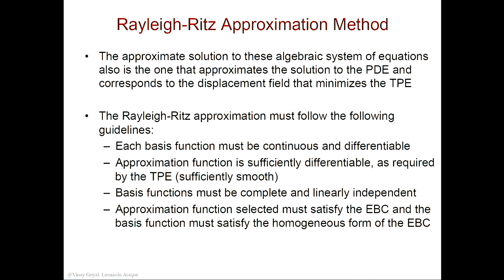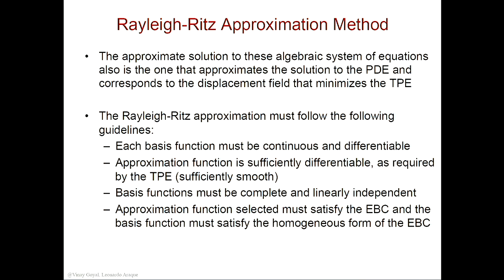So the approximate solution to the problem will give you a system of algebraic equations. This is an approximate solution to the partial differential equation, and also to the ordinary differential equation. And that approximate solution corresponds, in this particular problem, to the displacement field that minimizes the total potential energy while rendering the system in equilibrium when it's subject to those loads.